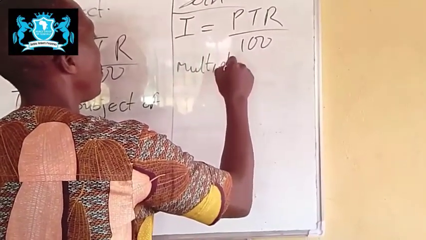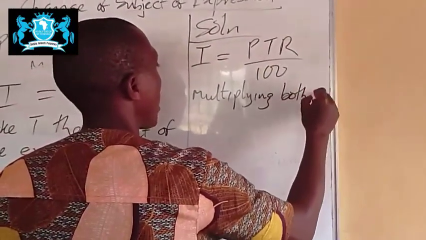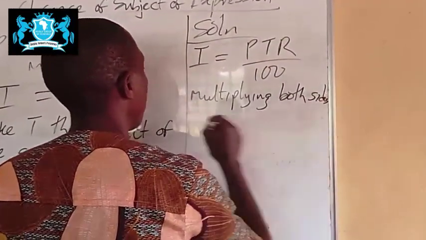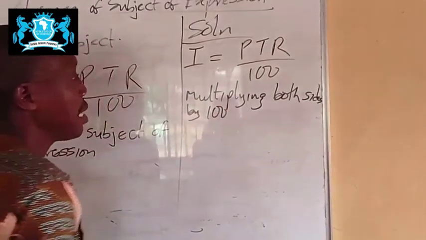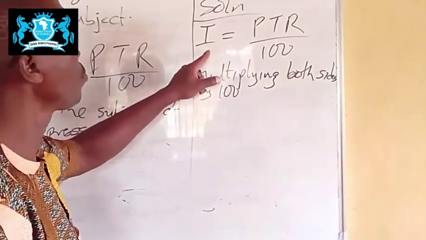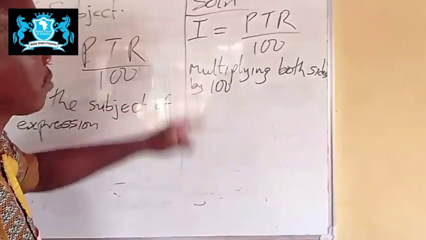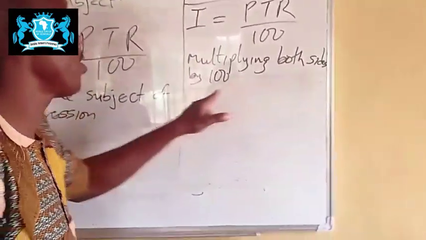Remember, as I said earlier, the rule of equation is that whatever you do to the left-hand side, do it to the right-hand side. That's why we say multiply both sides by 100.